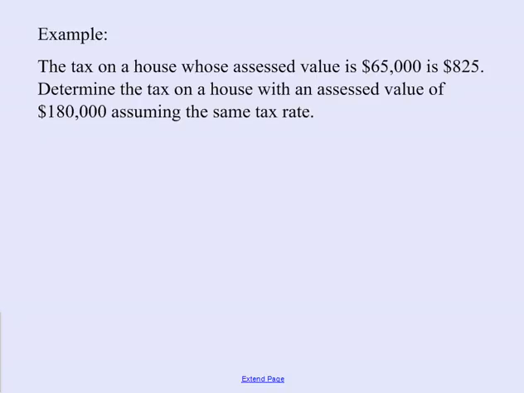All right, so we've read the problem. Hopefully you understand. Now we need to set up our proportion. We start by setting up our ratios. So one ratio will have values that describe the same house. So for example, the assessed value of this house is $65,000 and its taxes are $825.